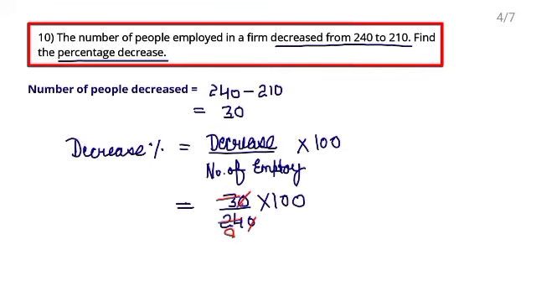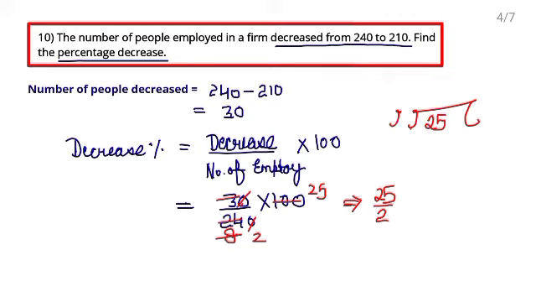3 8s are 24. 4 2s are 8. 4 2s are 8. 4 5s are 20. So this is 25 upon 2. Divide 25 by 2. 2 1s are 2. Subtract 0. Copy down the next digit. 2 2s are 4. Subtract 1. Put decimal.